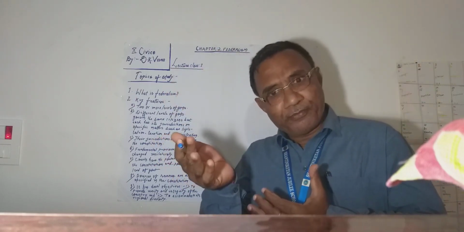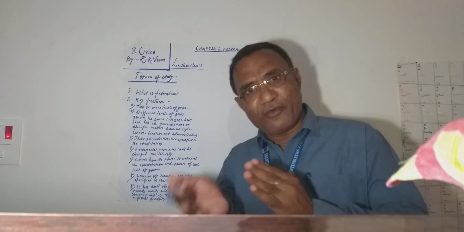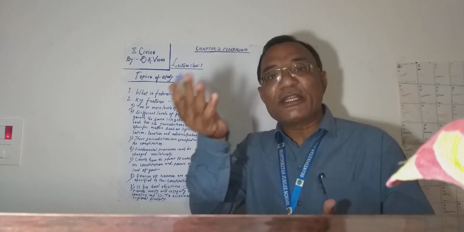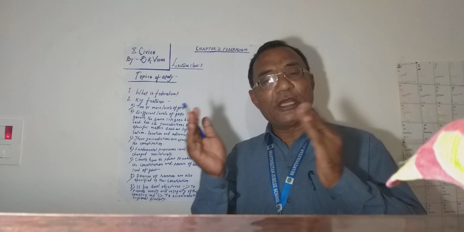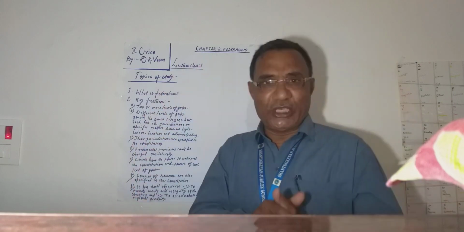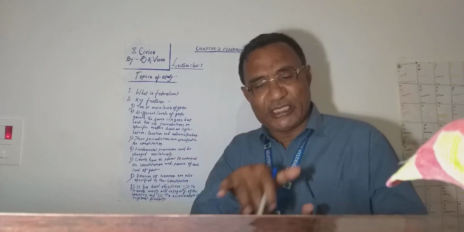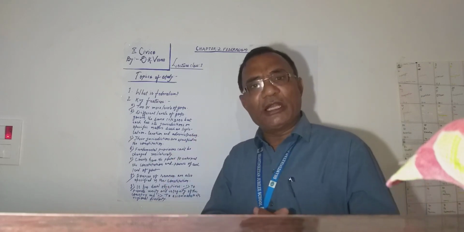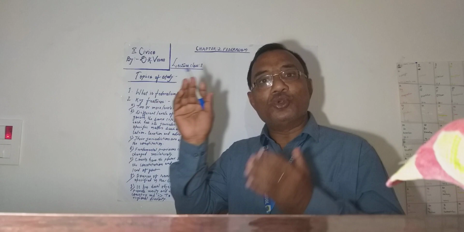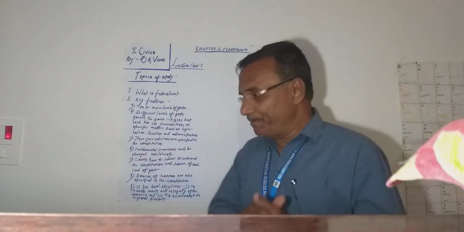For that, both work with mutual understanding and support, keeping their rights and resources separately, and having faith in each other. In case of any conflict, there are courts to decide the matters.